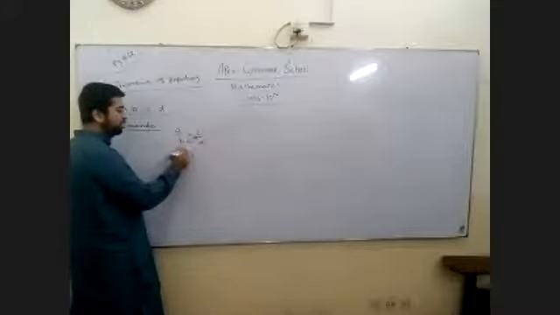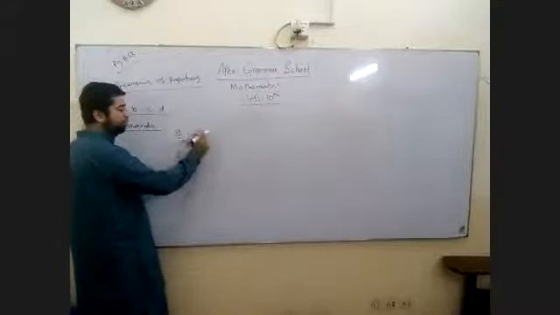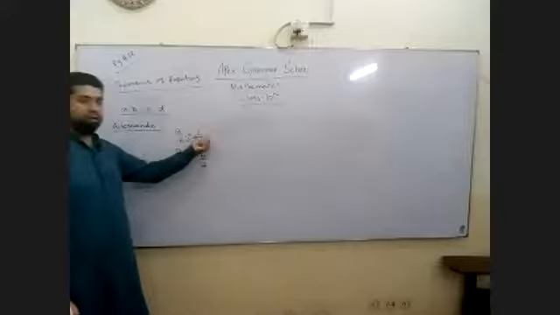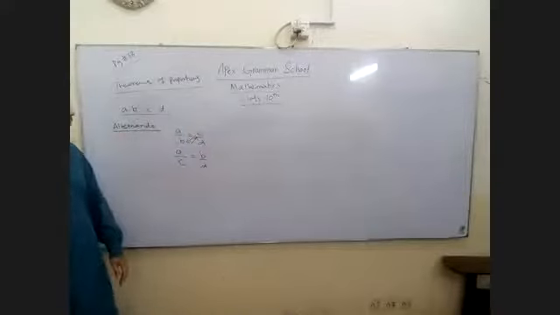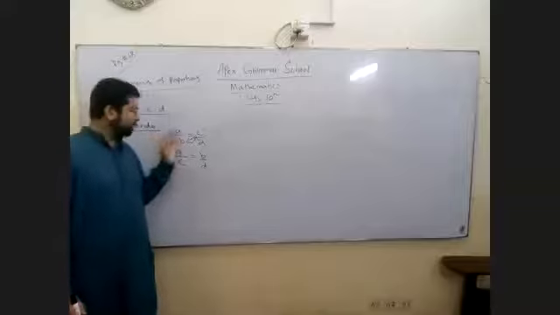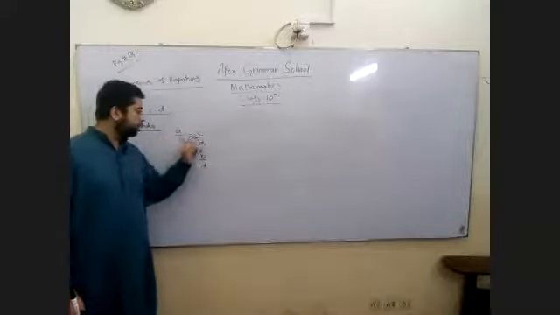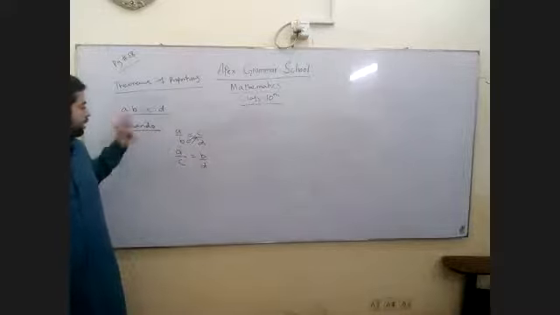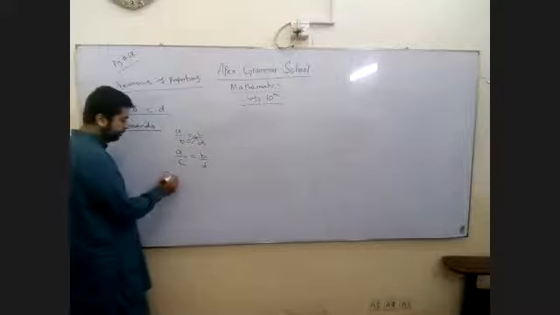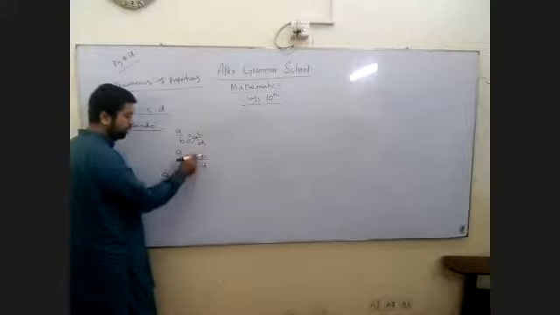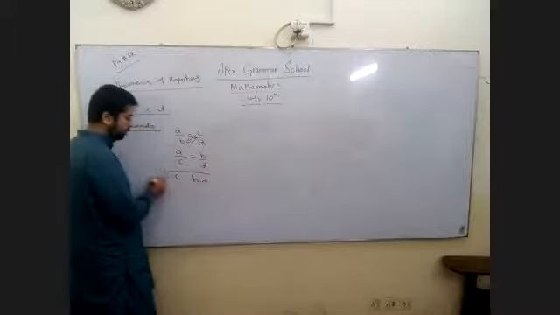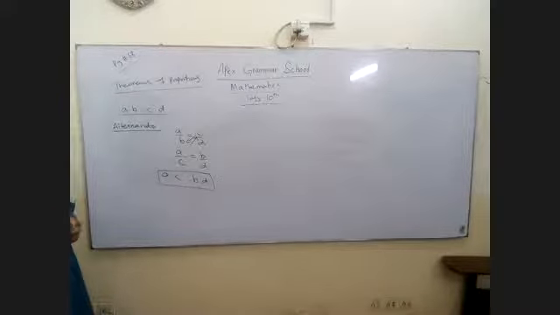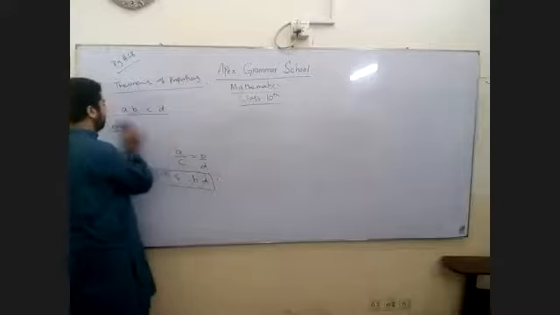Like this becomes A over C is equal to, and B will be here, B over D. Just alternate these values by applying alternando theorem. So now it becomes A over C is equal to B over D. So how can we write it in the ratio form? Rather than A ratio B, it becomes A ratio C, and this equality is proportion, and it becomes B ratio D. This is just because we applied the alternando theorem here.